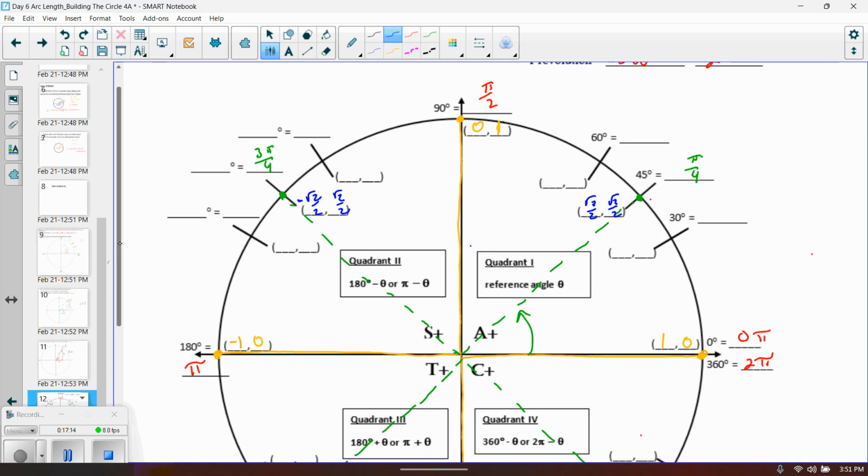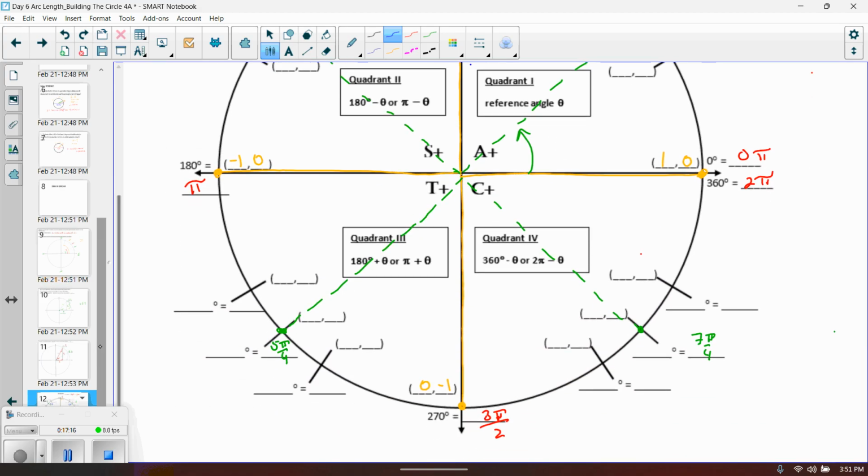If you use that idea for the one in the lower left-hand corner, it's still square root of 2 over 2 for both parts of the ordered pair, but it's in the left lower quadrant, which means everything is negative. So it's negative square root of 2 over 2, negative square root of 2 over 2.